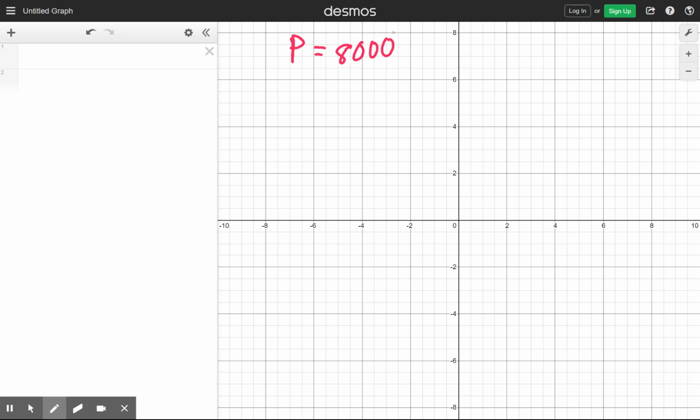And your interest rate is 5% compounded annually. And your time is 20 years.